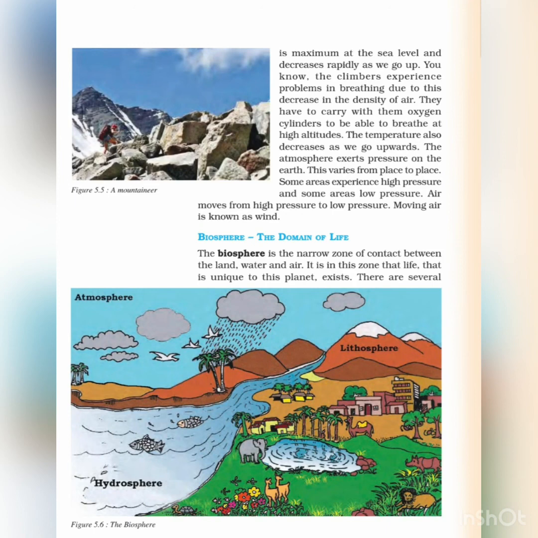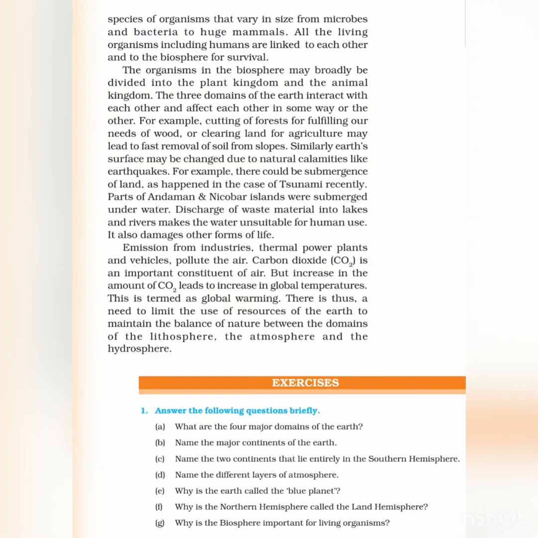Now children, let's see the last sphere of the earth, which is biosphere. The word biosphere is derived from an ancient Greek word bios, meaning life. Thus, biosphere refers to the part of the earth in which life exists. For the evolution and survival of life, we need three things, that is, land, water, and air.